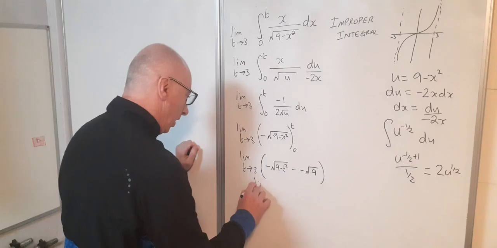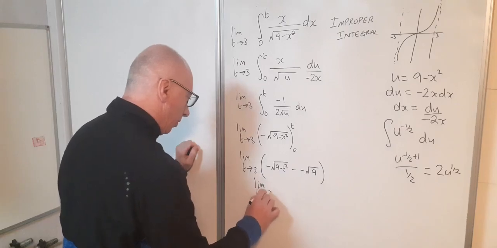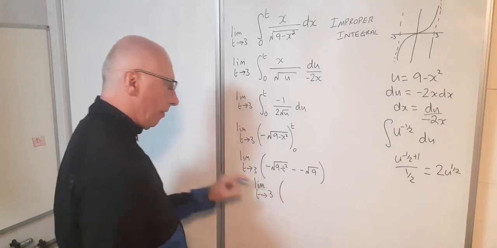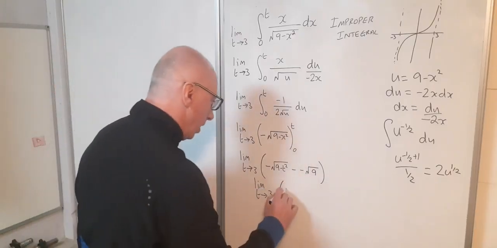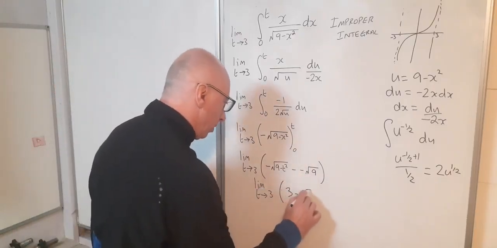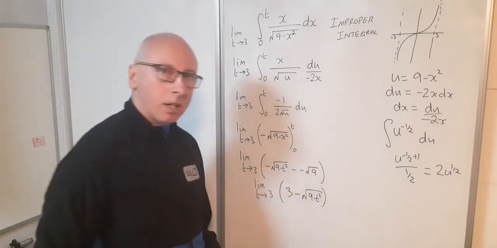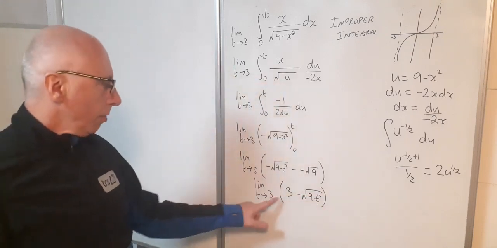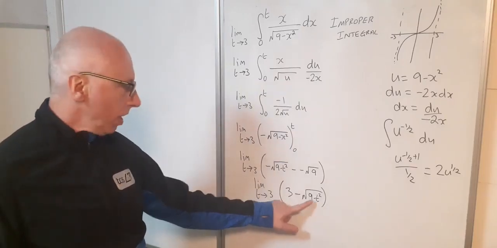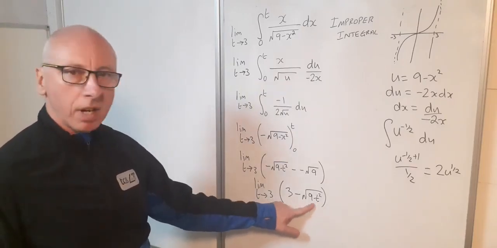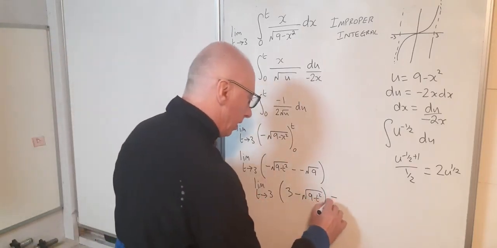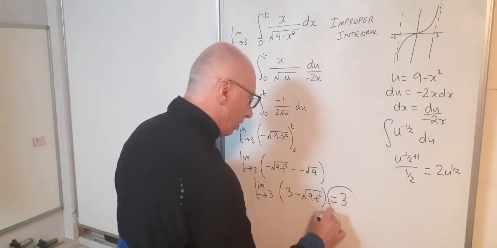So then we've got the limit as t approaches 3 of, bring this to the front, I've got 3 minus square root of 9 minus t squared. Well, I can see here as t approaches 3, that will approach 0. So I've got 3 minus 0. So the answer to that is going to be 3.